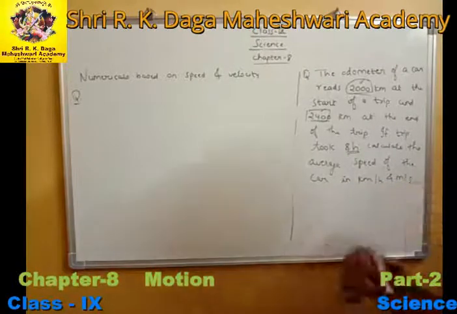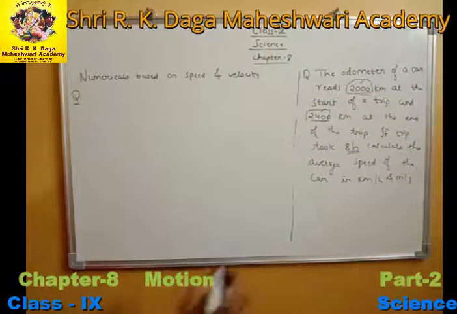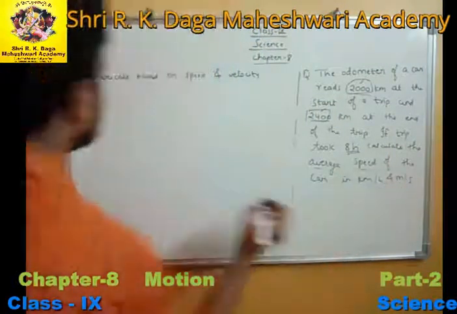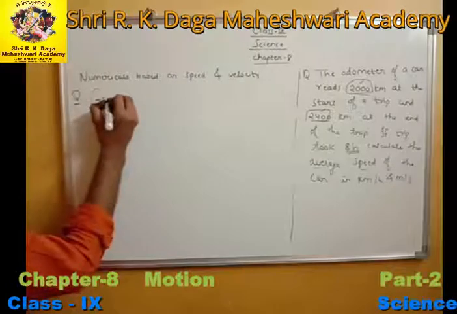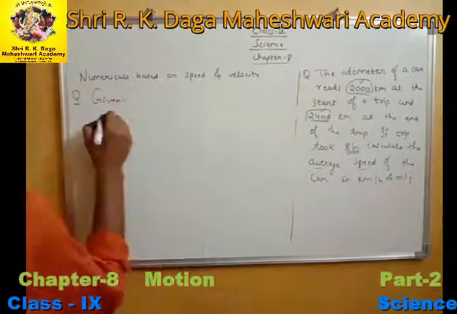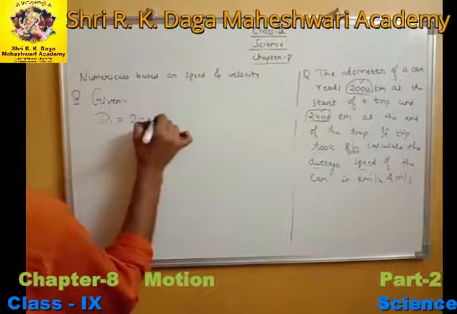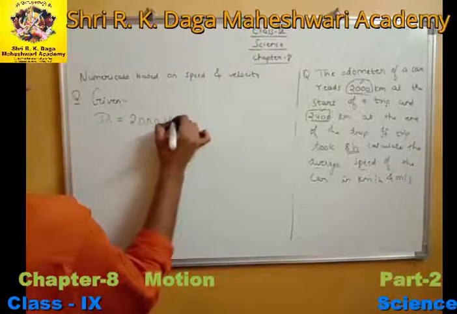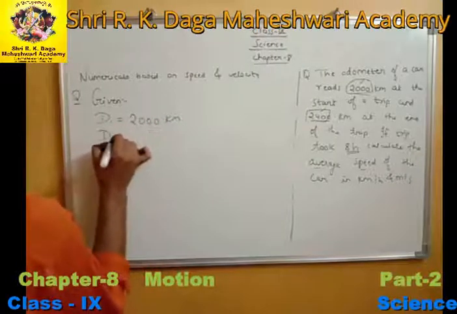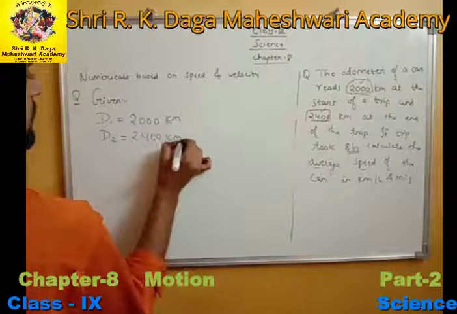4 hours. So how can we conclude? How can we calculate its average speed? Let us see that. Okay. First of all, we have to write whatever the things that are given to us in the question, right? The initial distance is given to you, that is 2000 km, and the final reading of the odometer is given to you, that is 2400 kilometer.